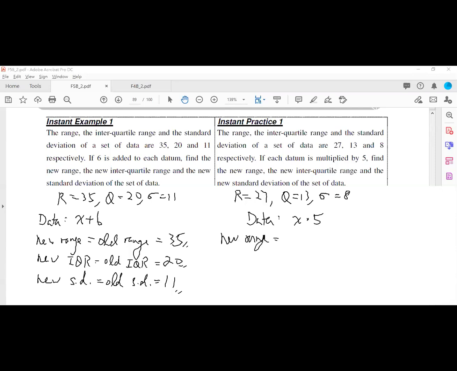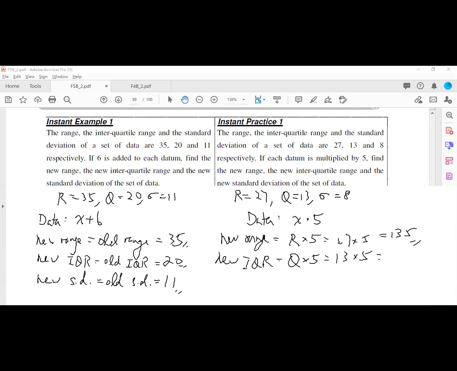If every data is multiplied by 5, remember the differences between them are magnified 5 times, so the three measures of spread all have to be multiplied by 5. That is, the new range is equal to the old range times 5, which is 27 times 5. That is 135. And then the new interquartile range is equal to the old interquartile range times 5. That is 13 times 5.